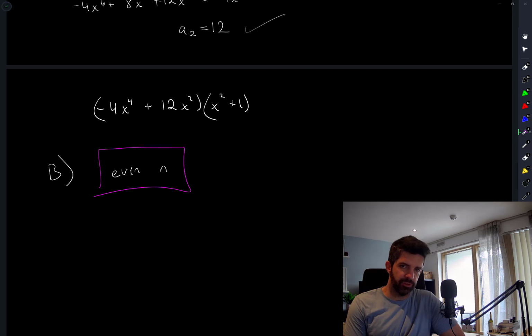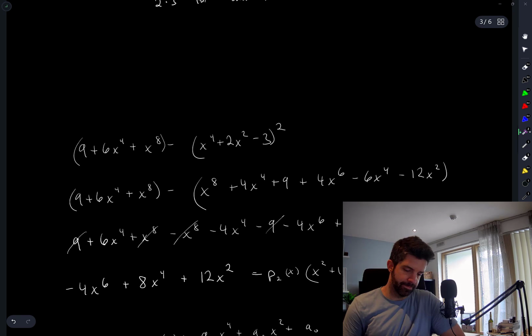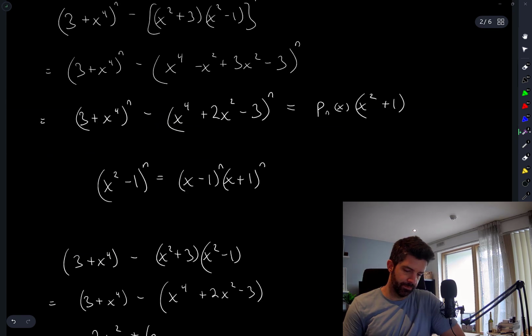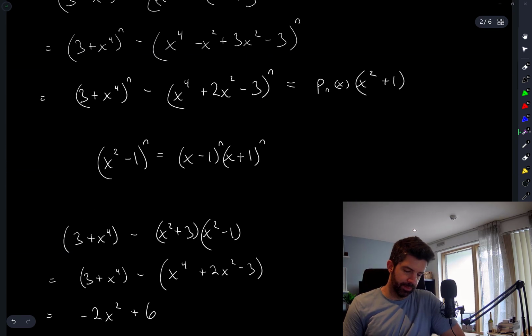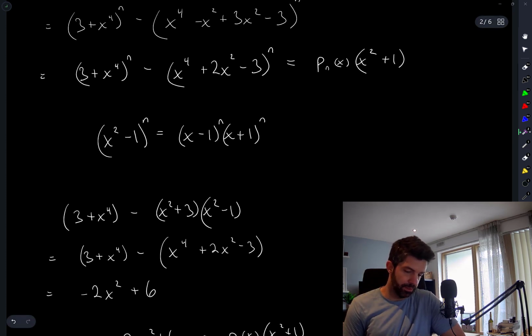I've tried substituting specific values of x, but that's just going to give you at best specific values of this, unless you can then derive a contradiction somehow.